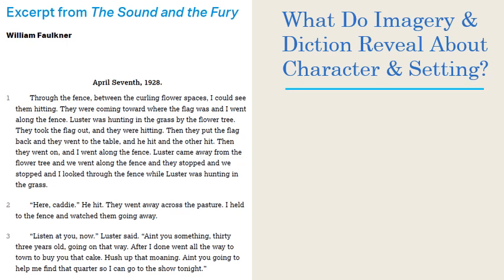Then they went on, and I went along the fence. Luster came away from the flower tree, and we went along the fence, and they stopped, and we stopped, and I looked through the fence while Luster was hunting in the grass. Here, Caddy, he hit. They went away across the pasture. I held to the fence and watched them going away.